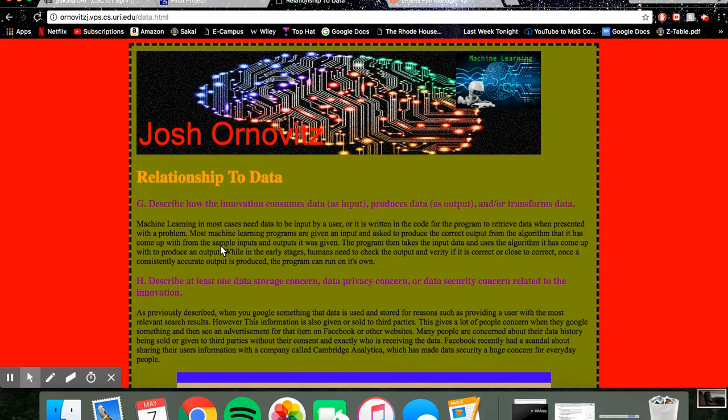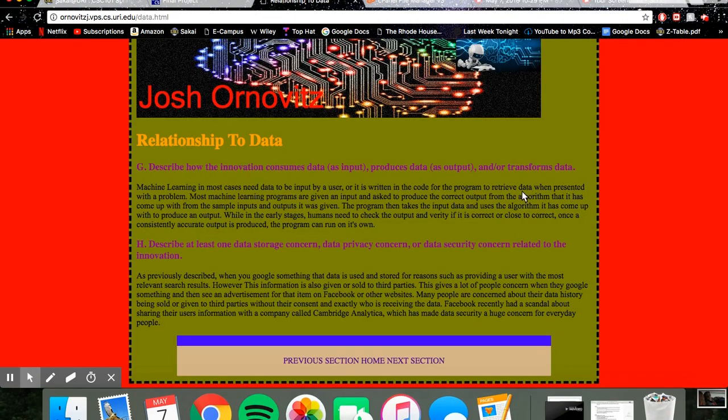Relationship to data. Describe how the innovation consumes data, produces data, and/or transforms data. So as mentioned earlier, when writing the code, you have to figure out how. Machine learning consumes data when it is input either manually by a user or when it is retrieved when presented with a problem, and then it will take this input data and run it through its algorithm, and then try to produce a reasonable response, which is the output.